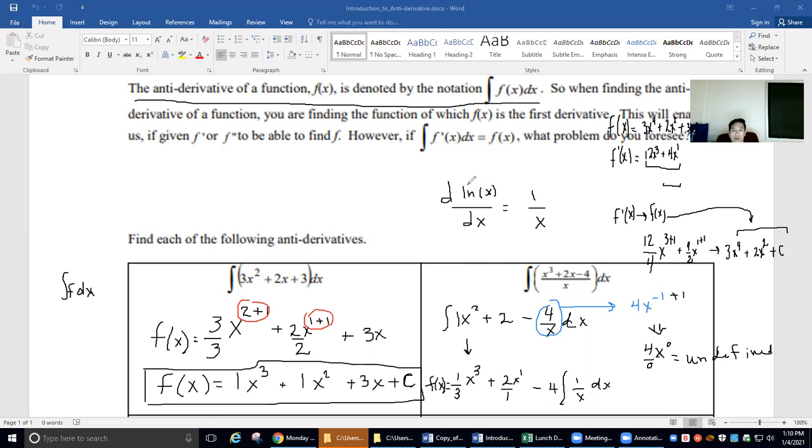Remember that for the derivative of natural log of x, I wrote the original function on the bottom, and I took the derivative of it on the top, right? So, for example, if it was the derivative of natural log of, let's say, x squared minus 1, then this would read as 2x over x squared minus 1. So that's why you notice there's a 1 on top, because the derivative of x is 1.